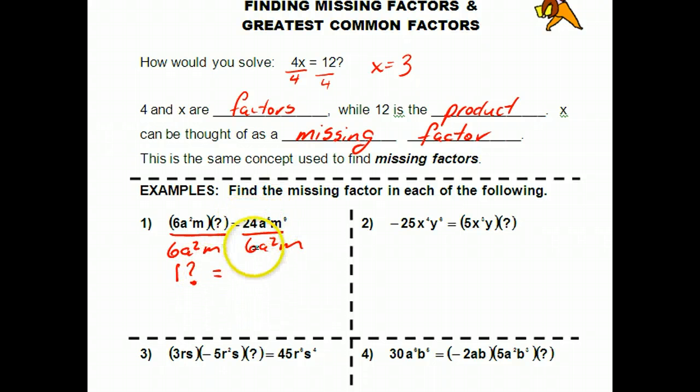So 24 divided by 6 gives me 4. a to the 6 divided by a to the 2. Remember, when I divide, I subtract the exponents, which gives me a to the 4. And here, m to the 9 divided by m to the 1 gives me m to the 8. Okay, so go ahead and give number 2 a try on your own.